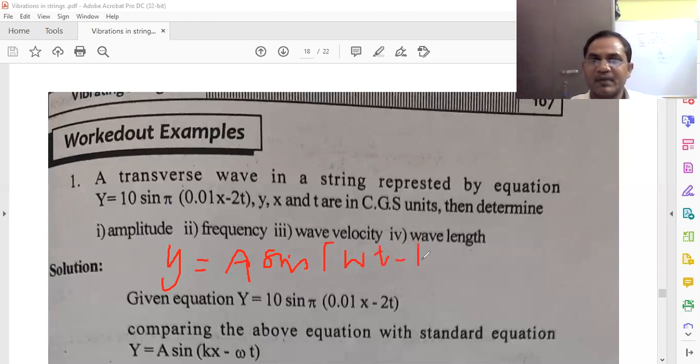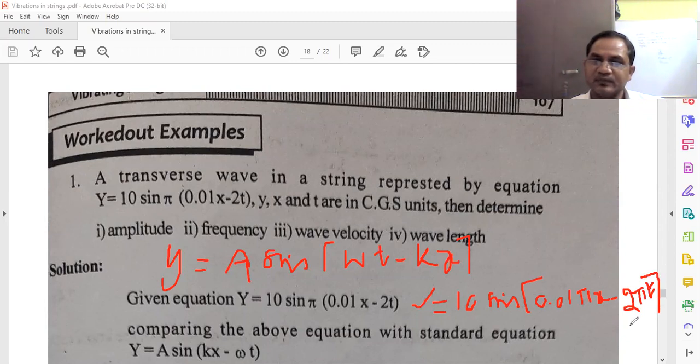And what is the given equation? 10 sin(pi into (0.01x minus 2t)). Multiplying pi into the bracket, we get 10 sin(0.01 pi x minus 2 pi t). Now just compare.